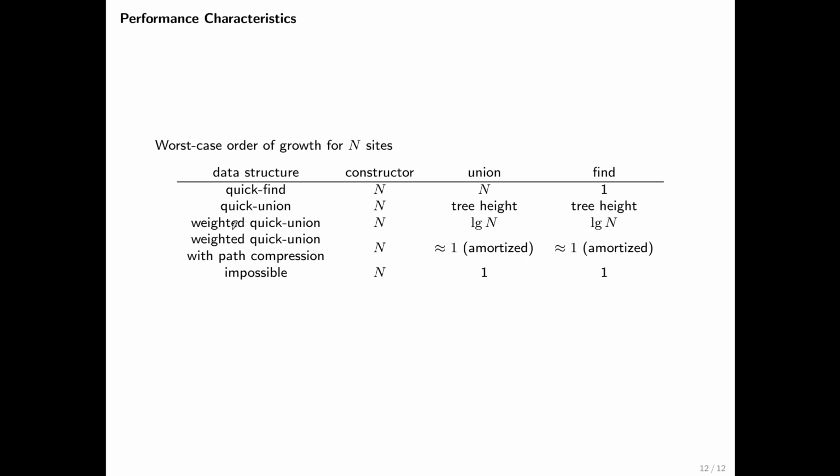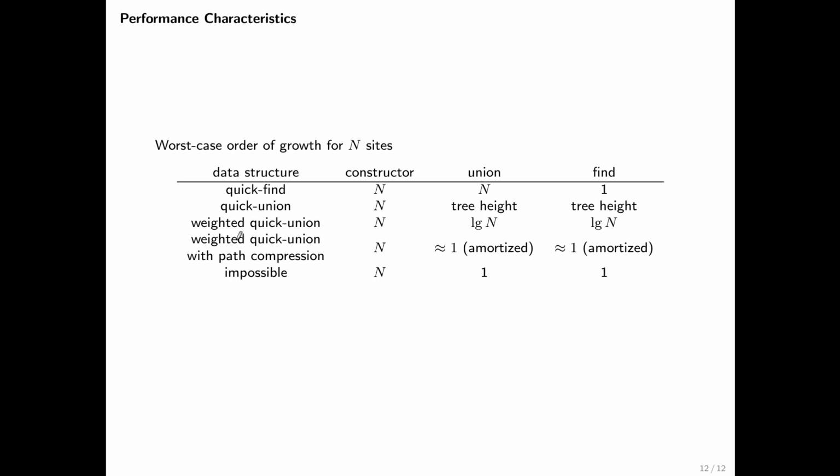Right? The weighted quick union is fairly efficient. There we end up, as I said before, with trees that have heights at most log of n. So the union method has cost that is log of n in the worst case. Right? And the find method also has cost that is log of n in the worst case, because the find method has to traverse these very shallow trees which have height at most log n.